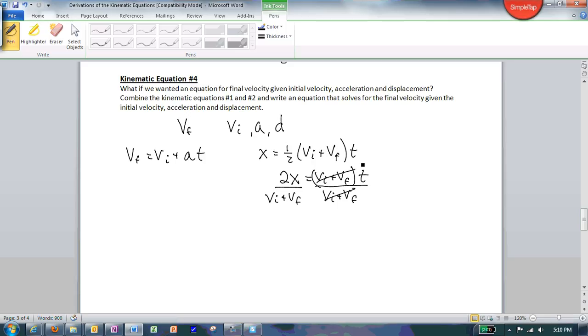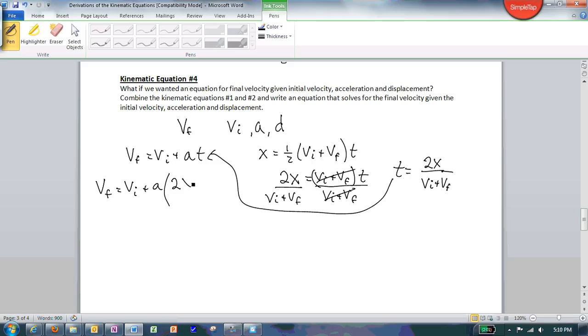That cancels out, and I'm left with t equals 2x over v initial plus v final. I'm going to plug this into over here. So I get v final equals v initial plus a times 2x over v initial plus v final.